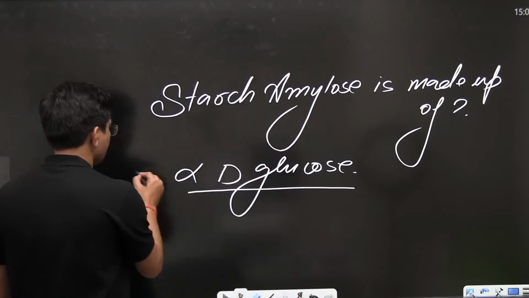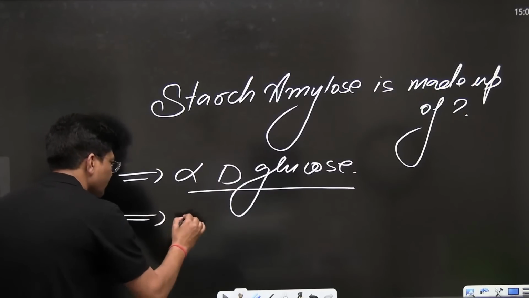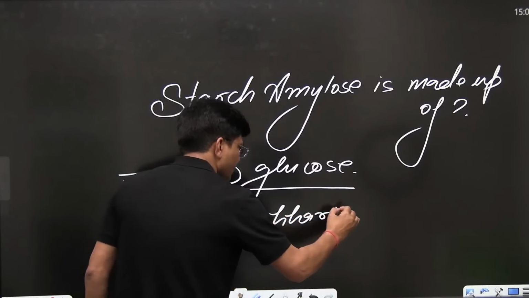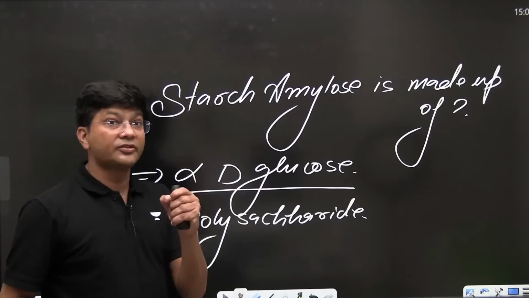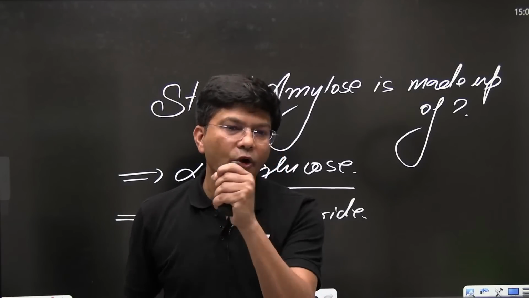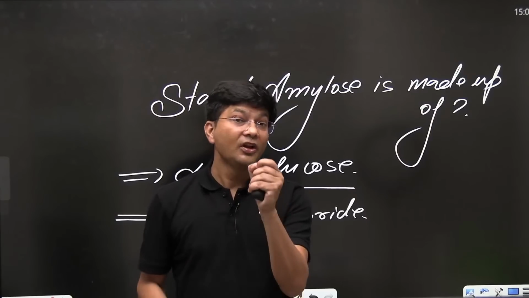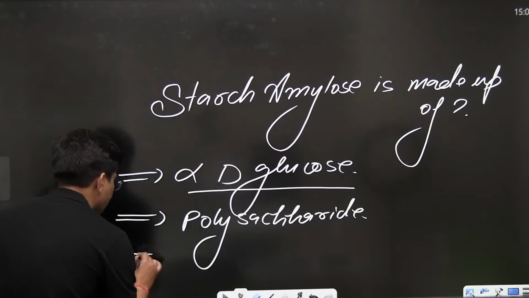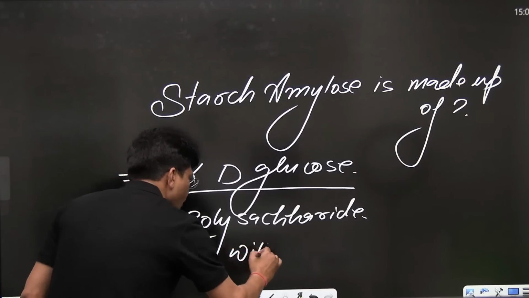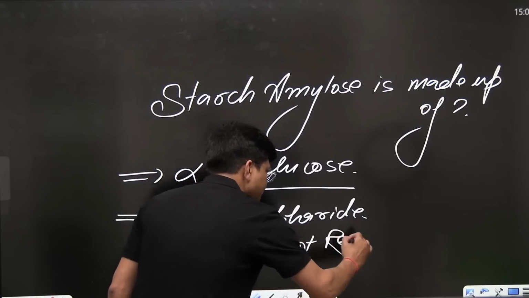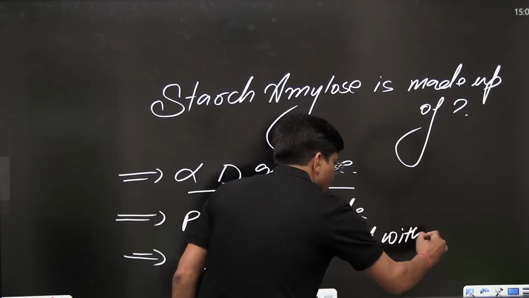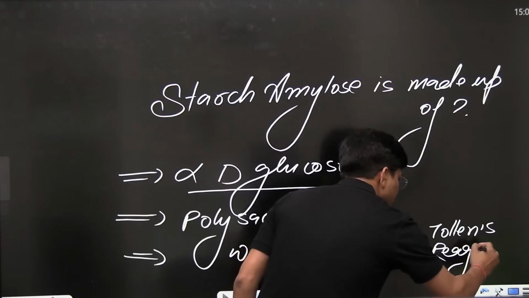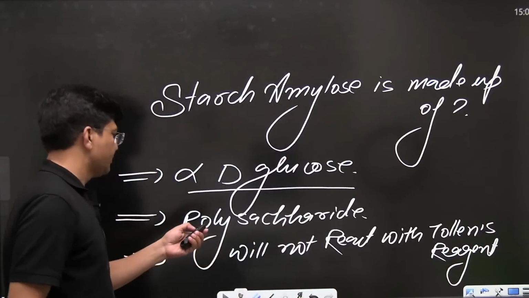The answer is polysaccharide. The third point is whether it is going to react with Tollens reagent or Fehling solution or not. The answer is it will not react with Tollens reagent and Fehling solution. This point is very much clear to all of you.